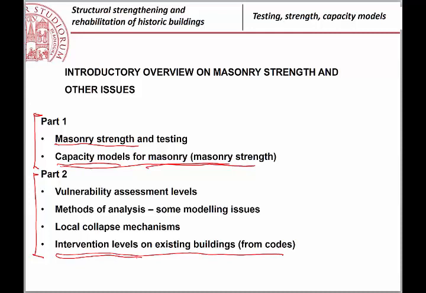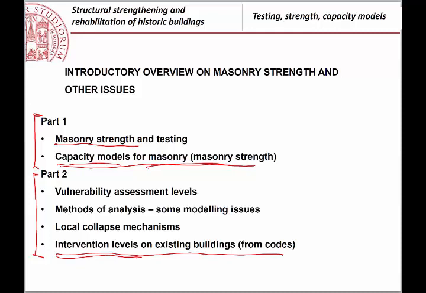And of course the objectives are completely different and must be defined. Starting from this point, we will then go to the other part of the course, which will be how to do this kind of interventions.